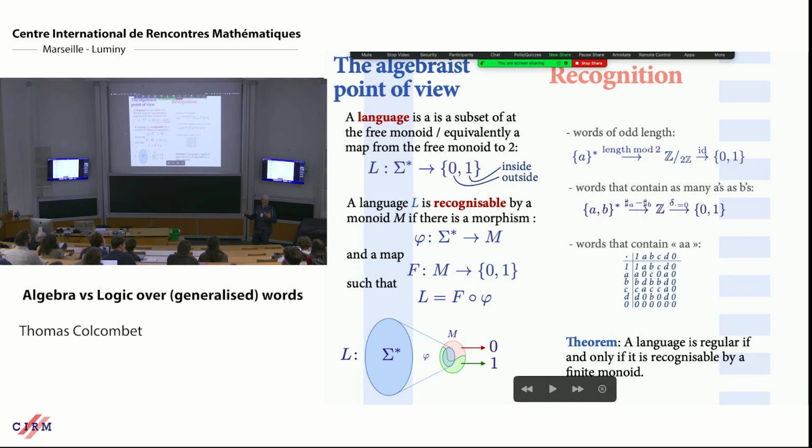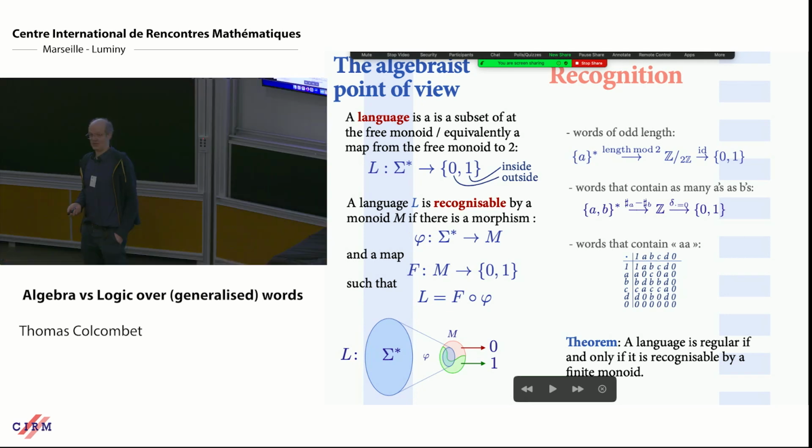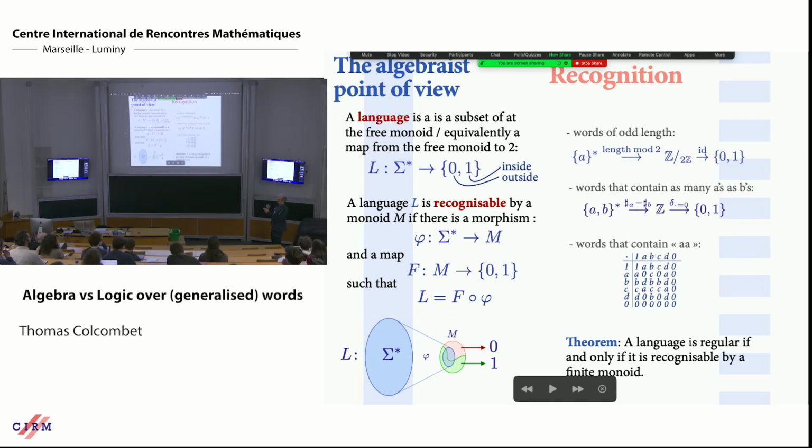And if you check, it's compatible with product. So this will be a morphism that will recognize the language. And the other way is even easier, because if you take a monoid and you just look at the effect of making the product with the image of single letters, it's just a deterministic automaton. So you just throw away some information and you just have it directly.